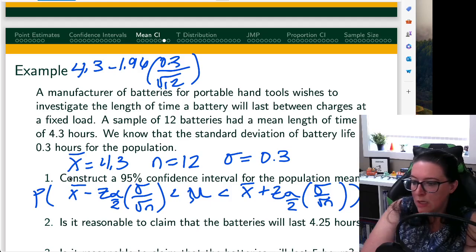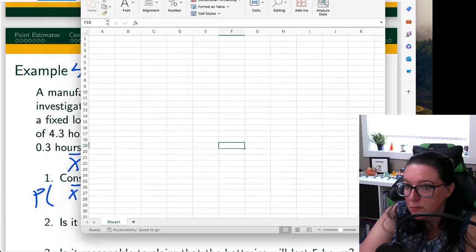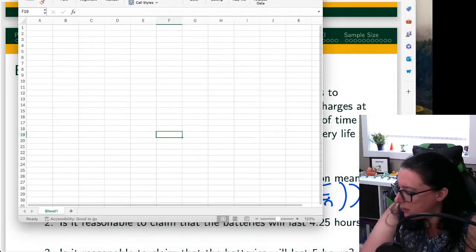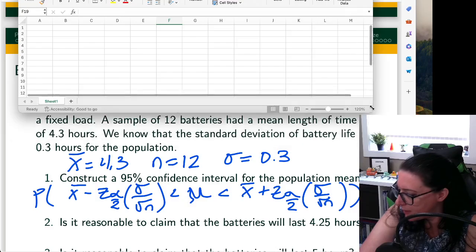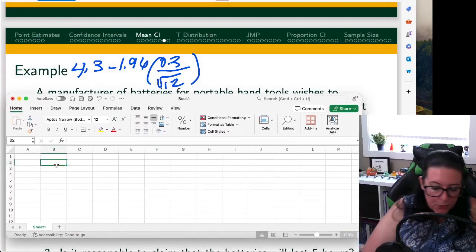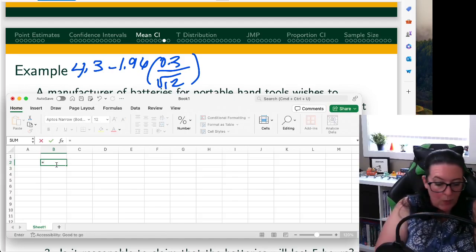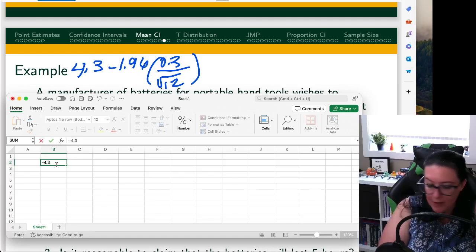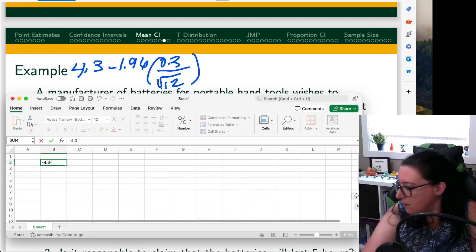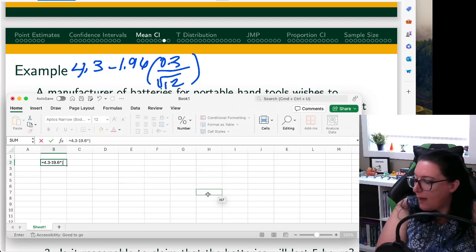Okay. So I'm going to pull up some Excel, and let's change this so we can see all this at the same time. Okay, so doing this by hand, we can do 4.3 minus 1.96 times, let's just space this out.